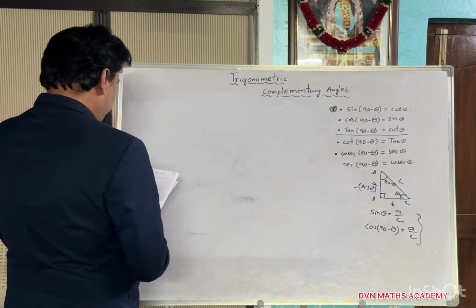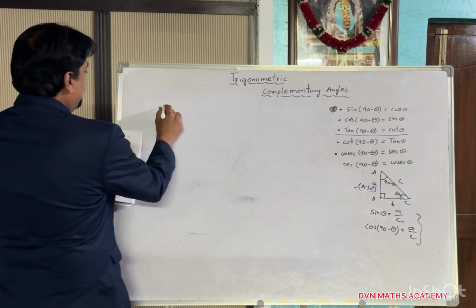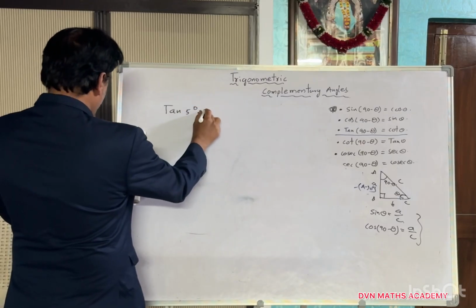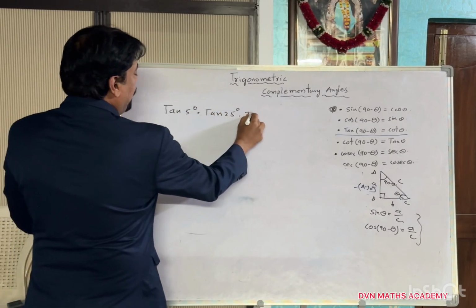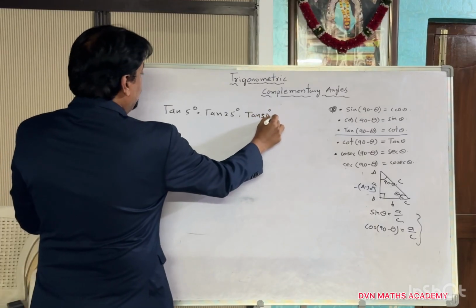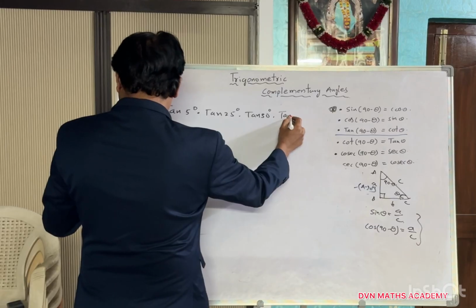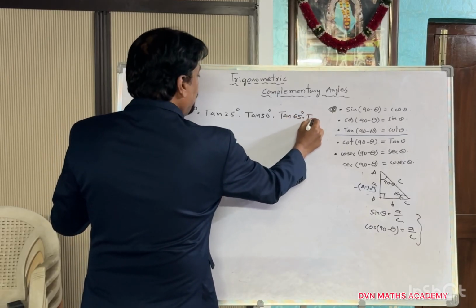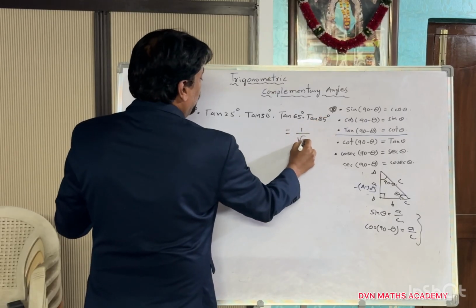Prove that, of the two questions I selected, tan 5 degrees into tan 25 degrees into tan 30 degrees into tan 65 degrees into tan 85 degrees is equal to 1 by root 3.